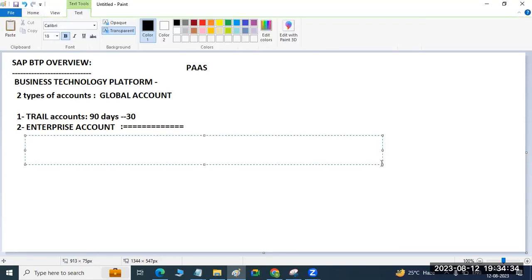When you are going to talk to the SAP person, before you go, you should know about the BTP licensing model.